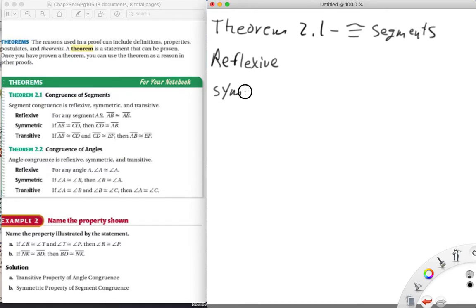We know about the symmetric property of equality. And we know about the transitive property of equality. Now, instead of TPE, this is TPC, transitive property of congruency. So reflexive property just says that a segment is congruent to itself.